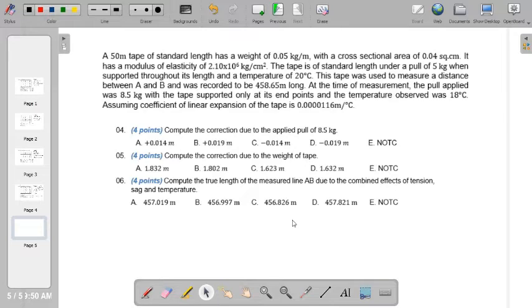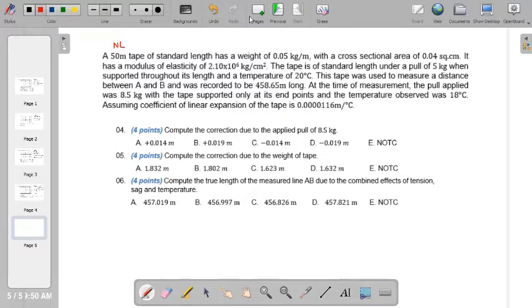A 50-meter tape of standard length. So here, now let's stop at every information that we read. We're going to label it already. Okay, so this will be your nominal length. A 50-meter tape of standard length has a weight of 0.05.